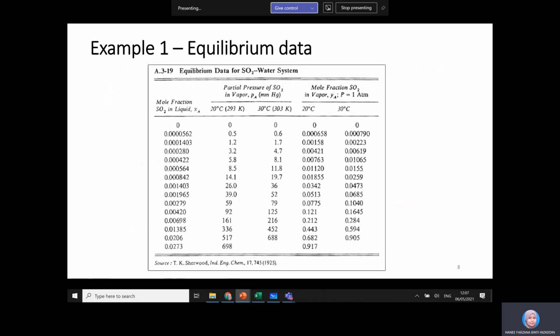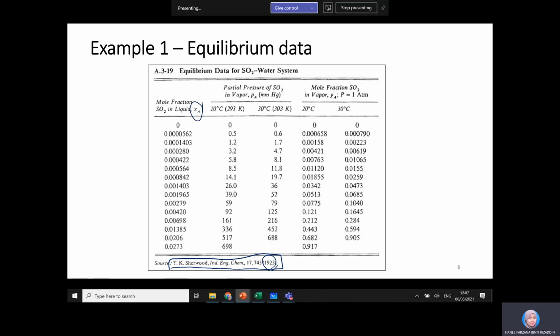So the first thing is to find the equilibrium data. This is given in the appendix of the reference book, Coulson and Richardson. This equilibrium data is sourced from the literature, so you can try to find it in the Industrial and Engineering Chemistry journal, from many years ago, very ancient data. However, it doesn't matter.